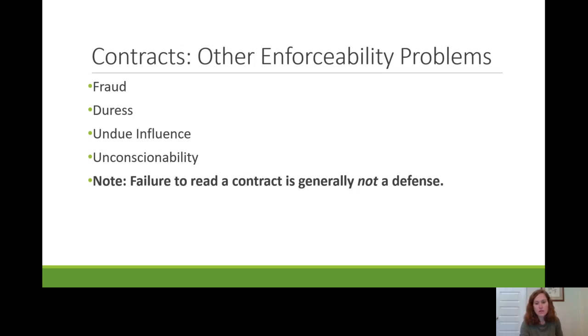Oftentimes, even if there's something in there that you really weren't expecting. Now, if you have contract terms that are objectively, almost outrageously unreasonable, and if you really had virtually no opportunity to review the contract prior to signing it, and that happens in some cases, those can raise unconscionability issues.